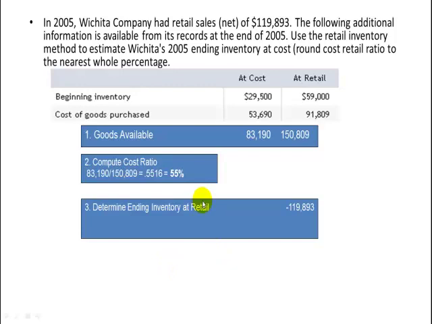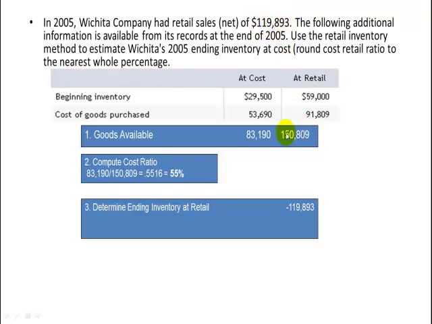Step three, you have to determine the ending inventory at retail. Now watch how this works. If we had sales of $119,000, that's a number that's expressed in a retail format. Sales are retail, right?